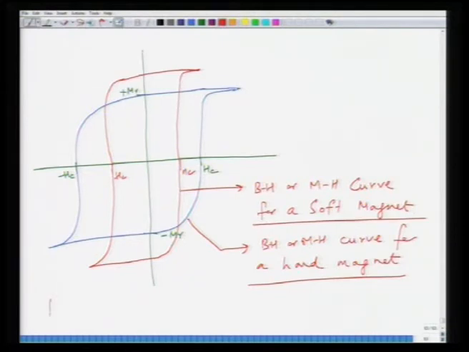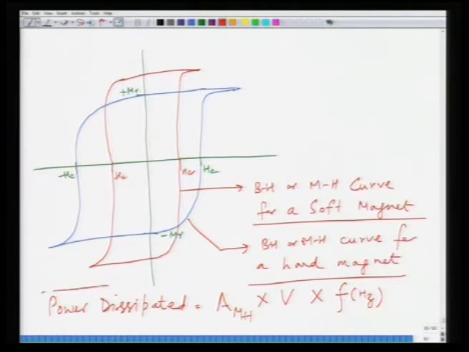The power which is dissipated, no matter what the type of magnet is, you still have dissipation of energy in the form of hysteresis. This power which is dissipated is nothing but the area of this MH curve, multiplied by the volume of material and multiplied by the frequency in hertz.